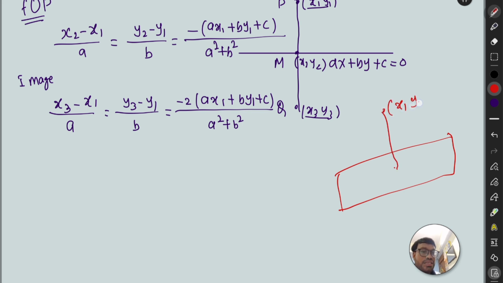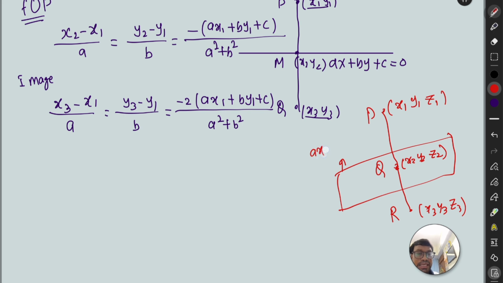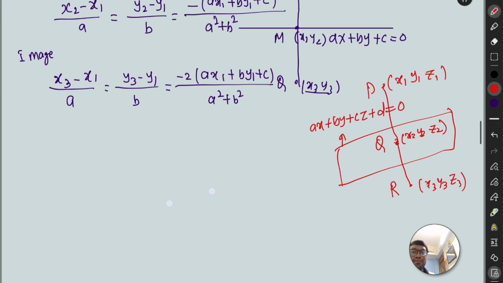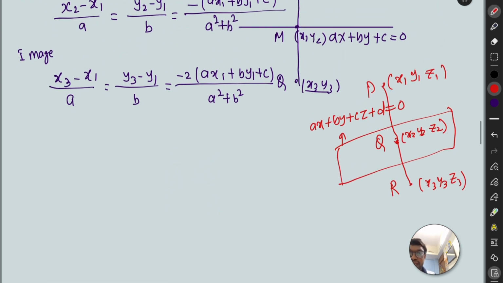There is a point x1, y1, z1; x2, y2, z2 is the foot on the plane, and x3, y3, z3 will be the image. The equation of this plane is ax plus by plus cz plus d equal to 0.